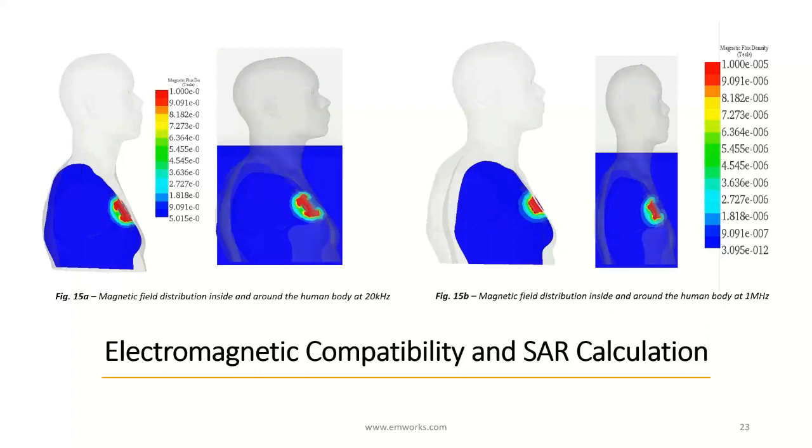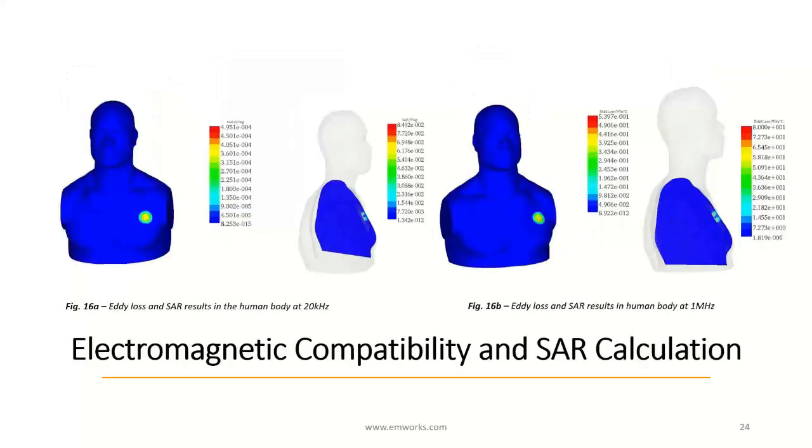It can be noticed that the field is stronger and covers a larger area at the frequency of 1 MHz. Eddy current losses density generated in the human tissue reaches a value of 0.5 watt per kilogram in the case of 20 kHz, while it is much higher when the frequency is 1 MHz.